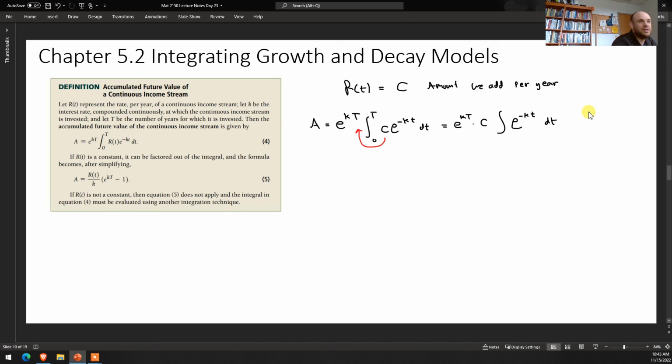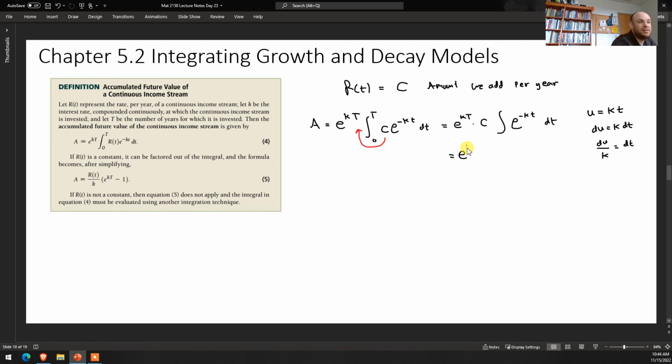And now let's integrate this with a u substitution. We'll say u is equal to, let's say, k times t. Then du is equal to k dt, or du divided by k is equal to dt.